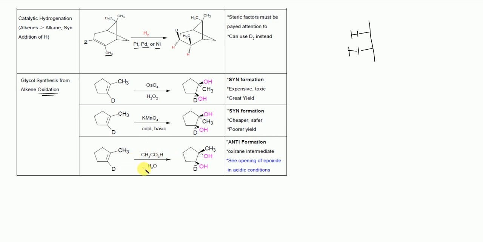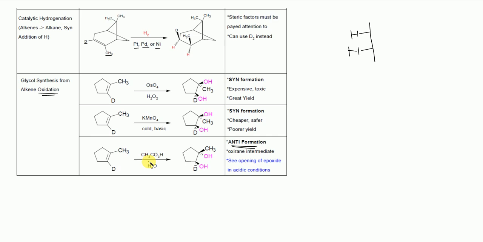And then the last one is the epoxide intermediate. Not really that important, but this is the anti-formation one. You always have the syn formation and anti-formation ones, just like before, where we had oxymercuration and then the BH3 THF that allowed us to do anti.